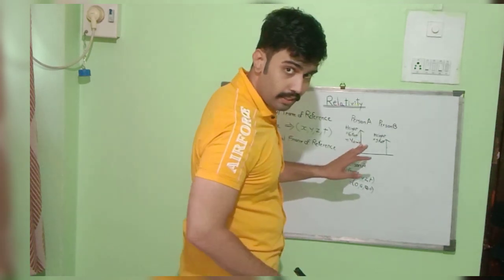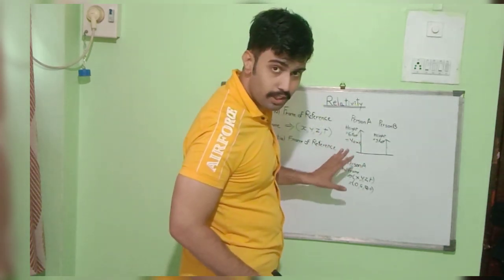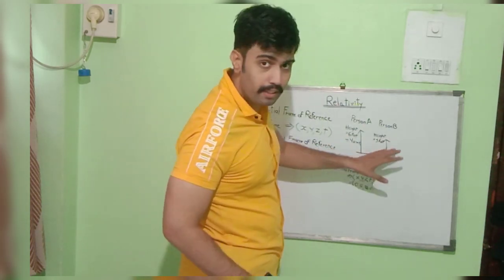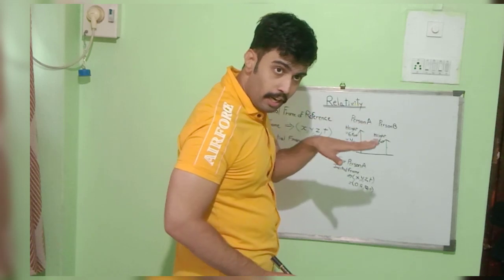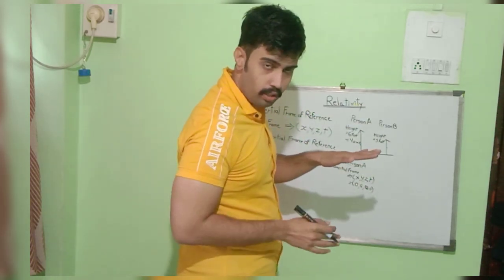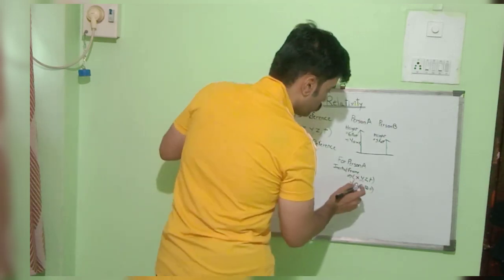From the person in the inertial frame, his height is 6 feet, so for him person B, who is 5 feet, is 1 foot shorter, or we can say toward the negative y-axis.